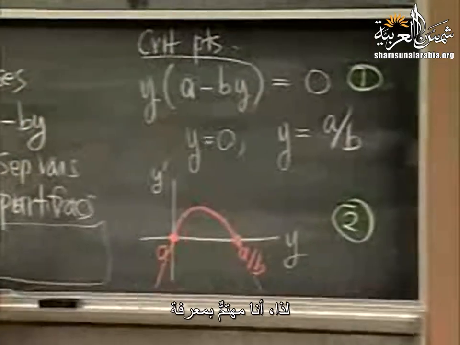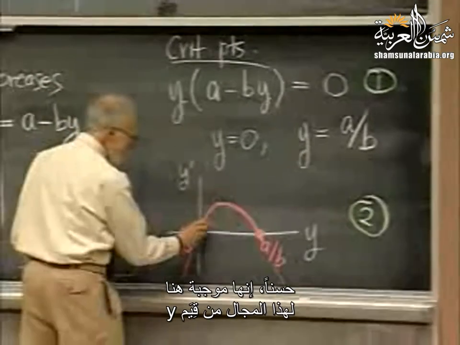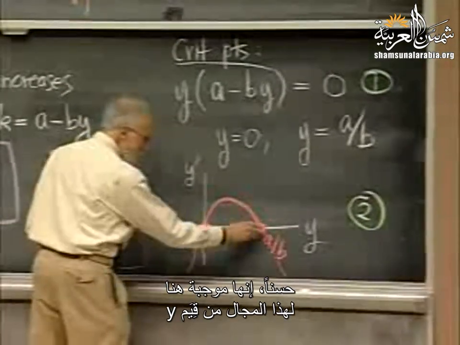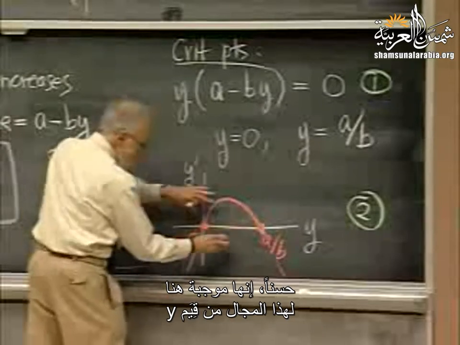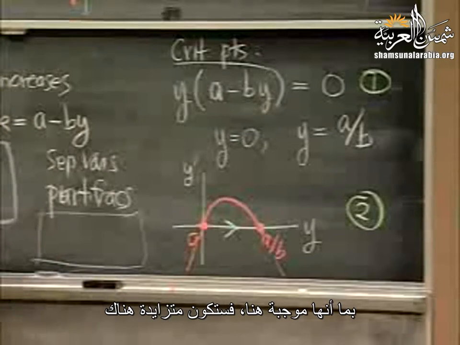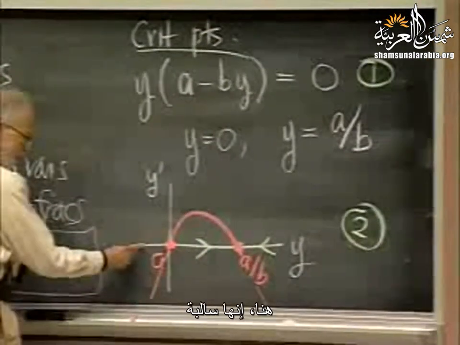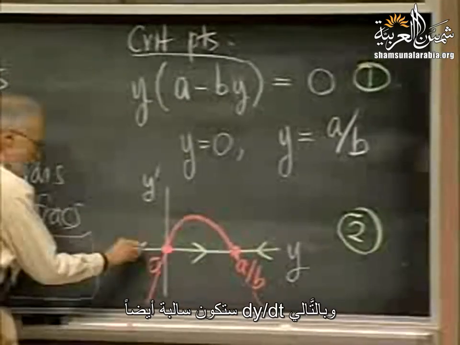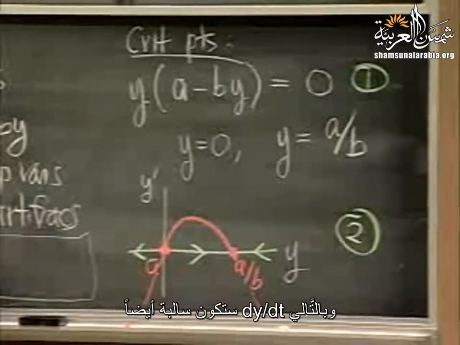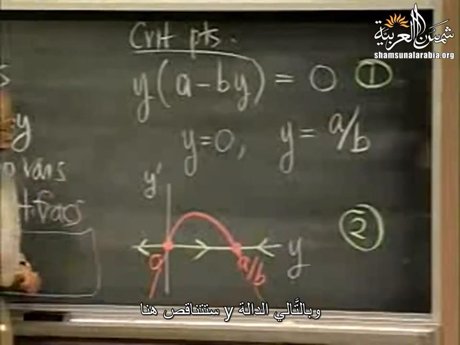So I'm interested in knowing where it is positive and where it is negative. Well, it's positive here for this range of values of y. Since it's positive there, it will be increasing there. Here it's negative, and therefore dy dt will be negative also, and therefore the function y will be decreasing here.